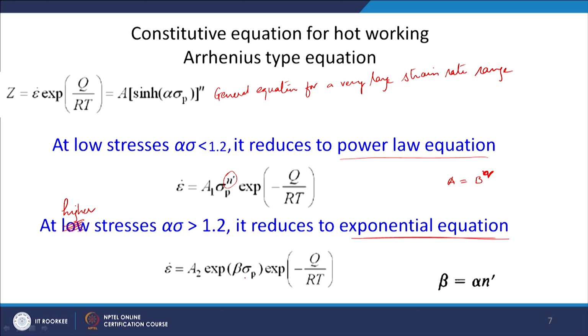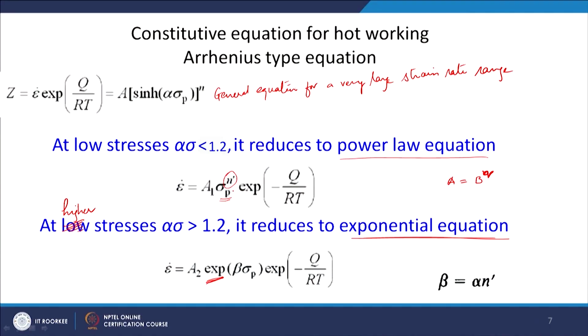There is no exponent here now, but there is a multiplication by a new constant called beta. So beta sigma p is there, but sigma p, instead of a power, has now come in the exponential term, whereas earlier it was not in the exponential term but had a power over it. These are subtle changes in the way we write the constitutive equation for different strain rate regimes.